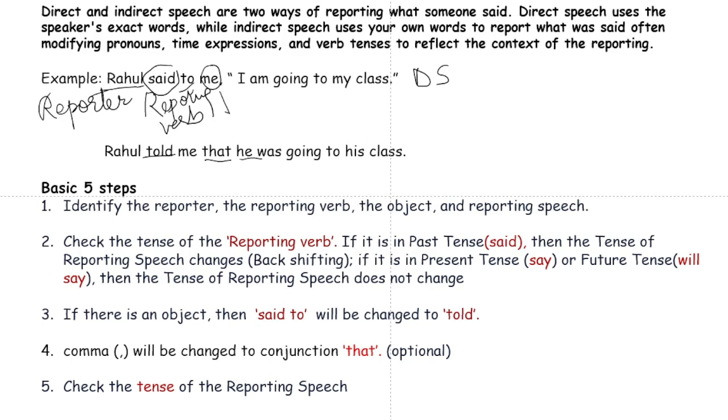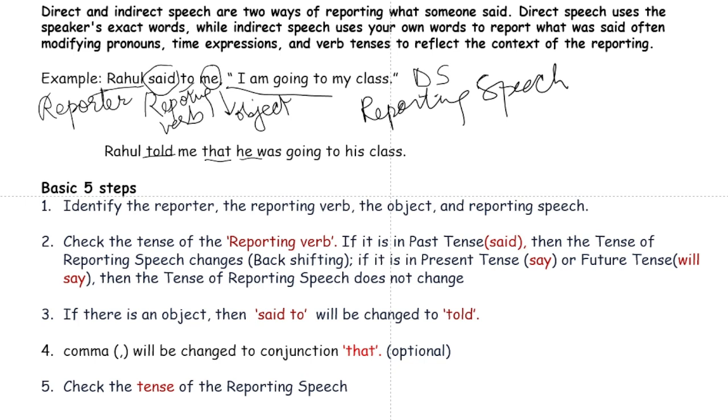And me is an object because Rahul is speaking to me. And "I am going to my class" are the exact words spoken by Rahul. So this will be your reporting speech. Clear? These are the parts of the sentence which we need to identify before changing into reported speech.